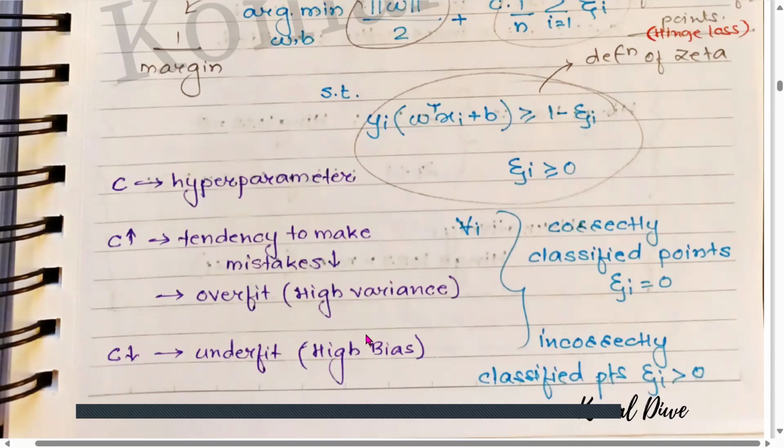The interviewer tries to make you confused so that you lose your confidence, but you have to avoid losing confidence. So overfit means high variance, HIV. Underfit means high bias.